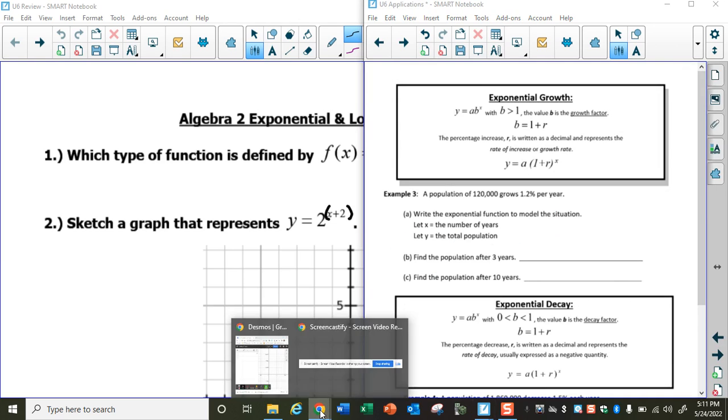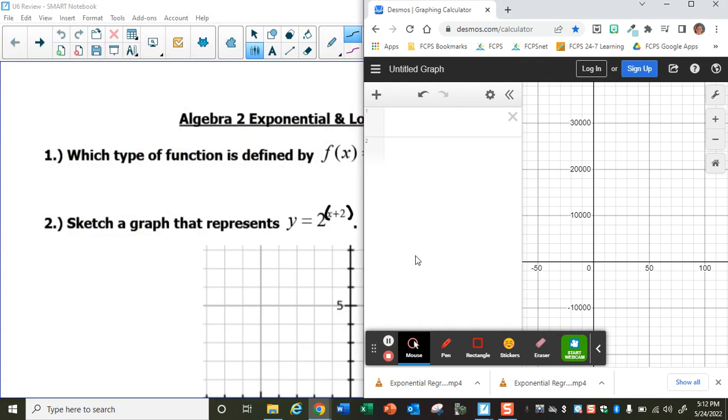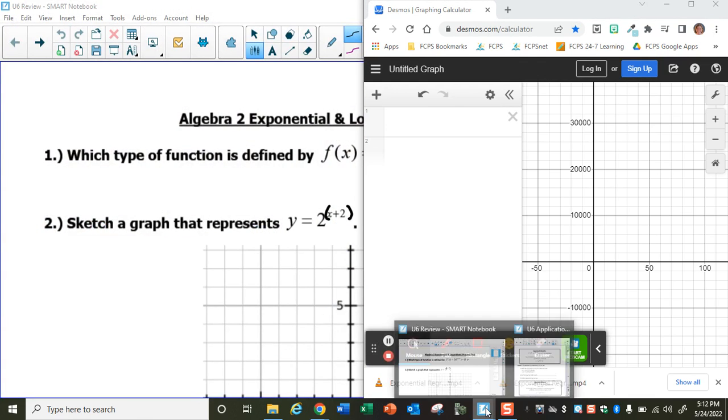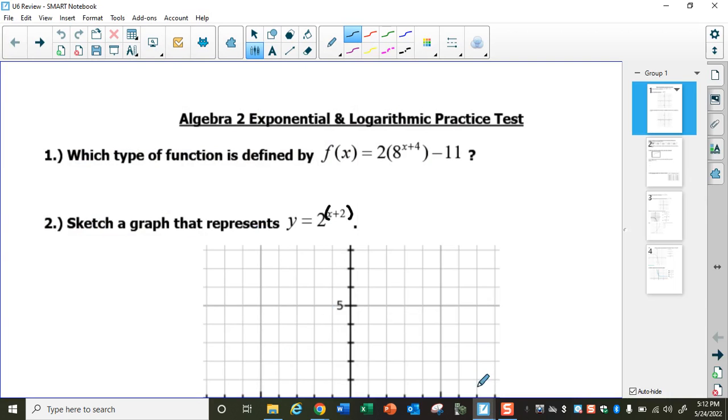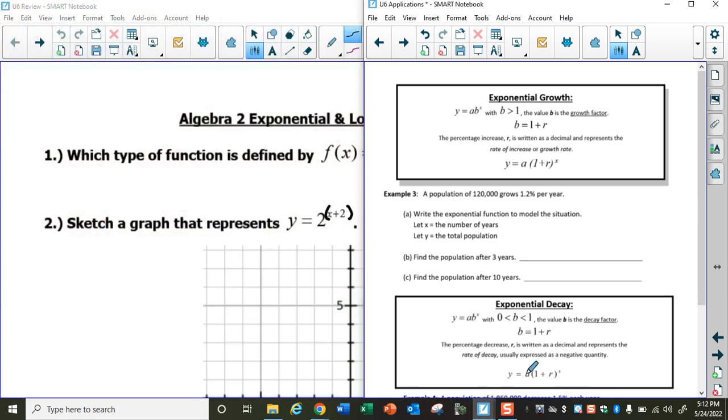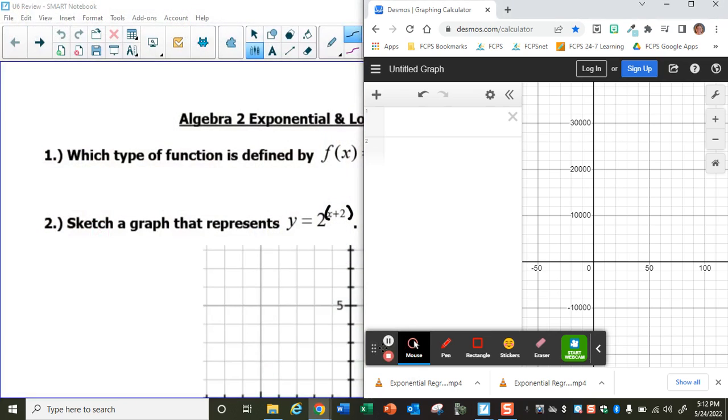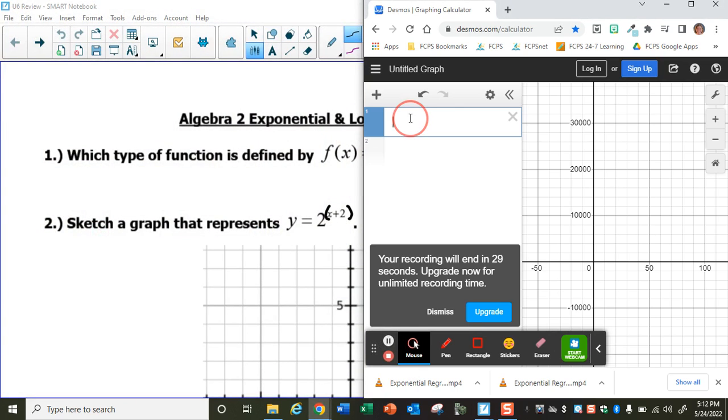So I'll go ahead and do that. Where's my Desmos? There it is. All right.